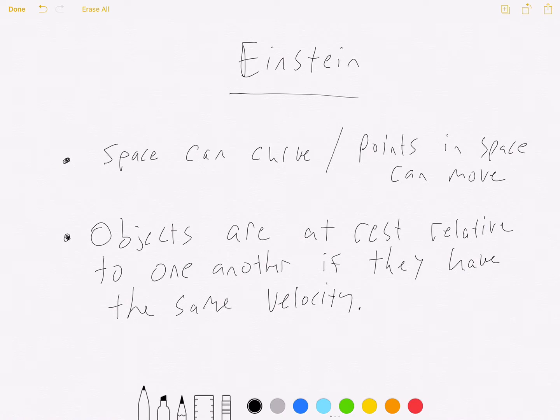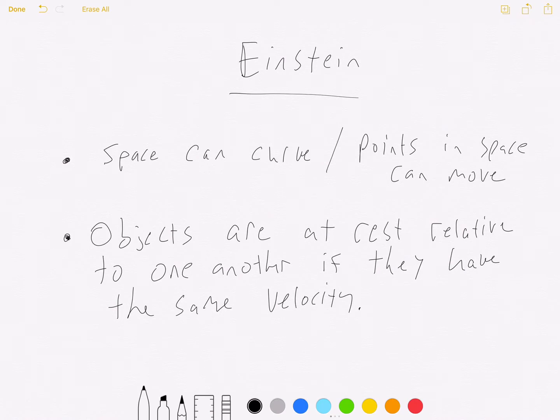You're always moving relative to something. You're always moving relative to even some points in space. You're always moving relative to other objects. So if you're at rest relative to the Earth, well, you're moving relative to the moon. If you're at rest relative to a certain point in space, well, you're moving relative to other points in space. And so there's no really special point of view or special reference frame.